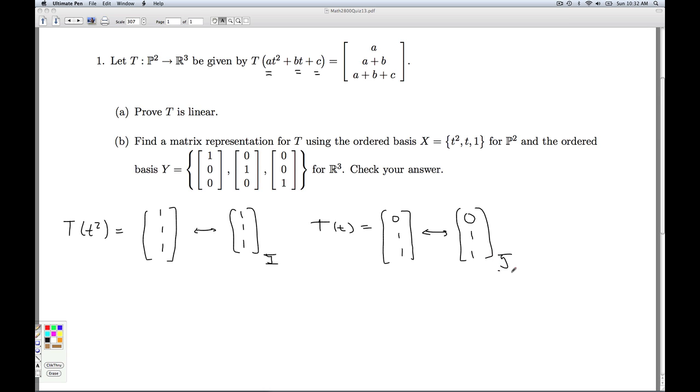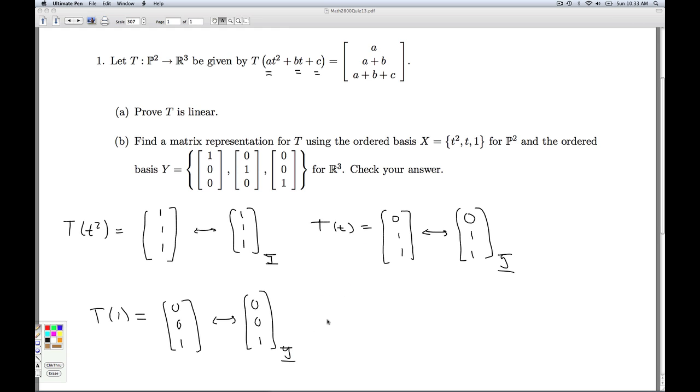No surprises there. And finally, I take T of 1, my last basis vector, and that's 0 t squared plus 0 t plus 1. So I get (0, 0, 1), which once again is exactly the same as its coordinate representation with y.